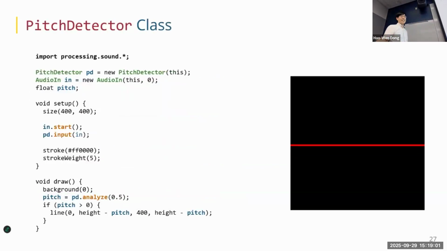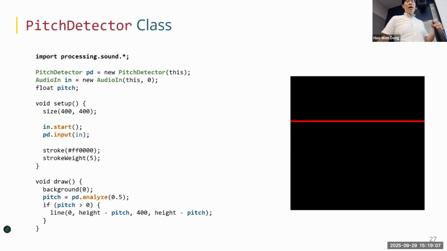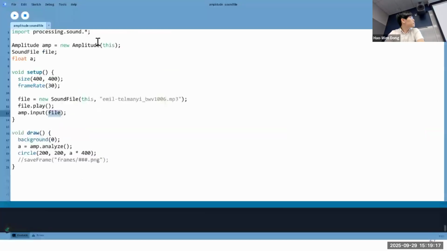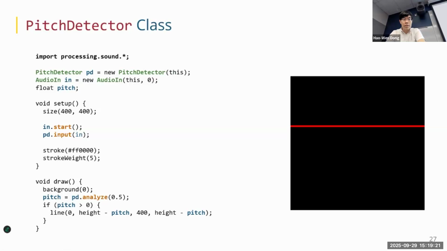Again, this is a very simple way just to show how things could work. But you could also map it, not just as a line. You could map it to something else. But this is just to showcase how things work.